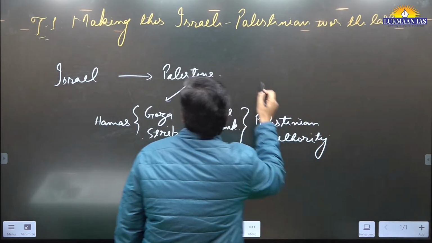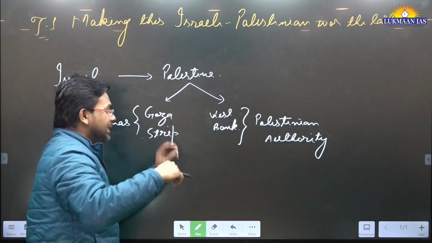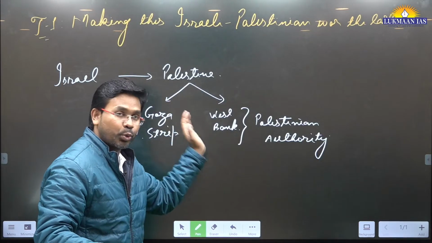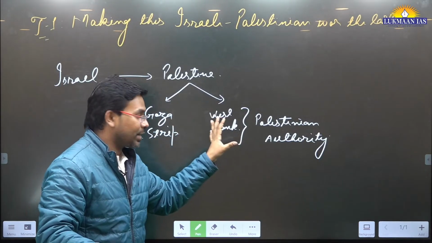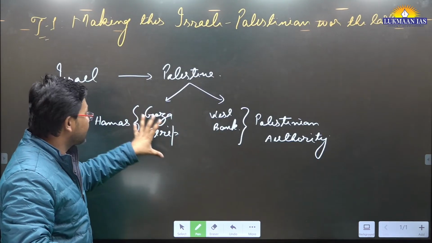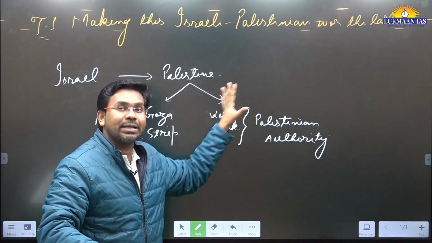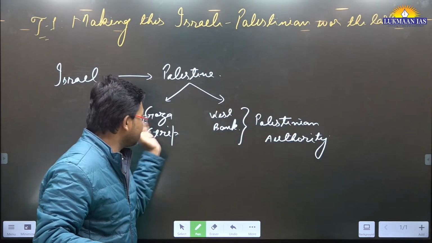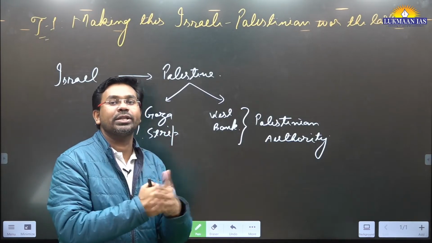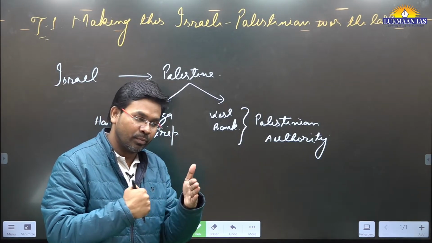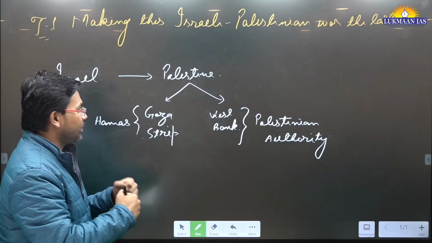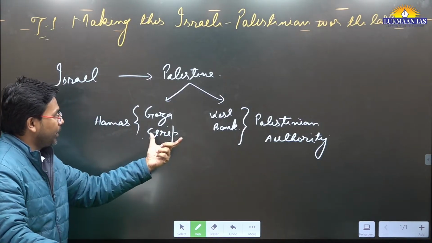So first of all, Palestine is in itself divided into two regions, the Gaza Strip and the West Bank. Gaza Strip is under one authority, West Bank is under a different authority. So there is very little cohesion, very little political unanimity between them.